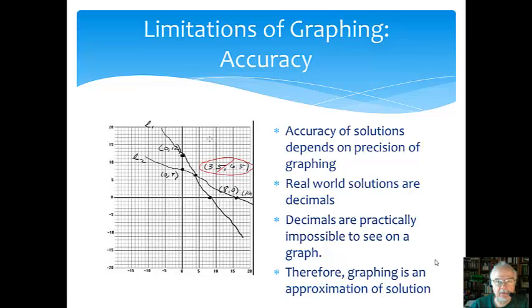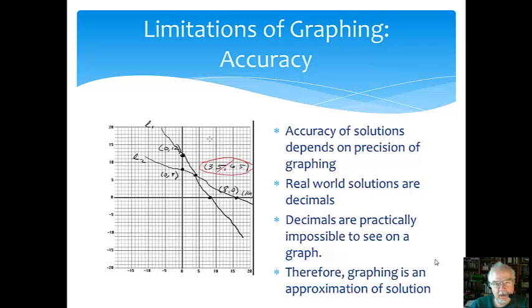And, of course, we were able to fix that, but it brings up the issue that although your textbook problems are going to tend to have nice, neat integer solutions, in the real world, not so neat. Usually the solutions are decimals. And one of the things about graph paper is it's very hard to read decimals on graph paper.